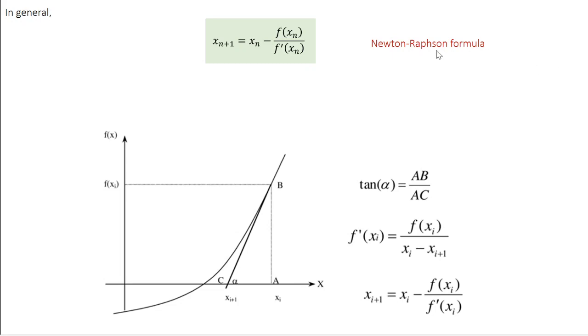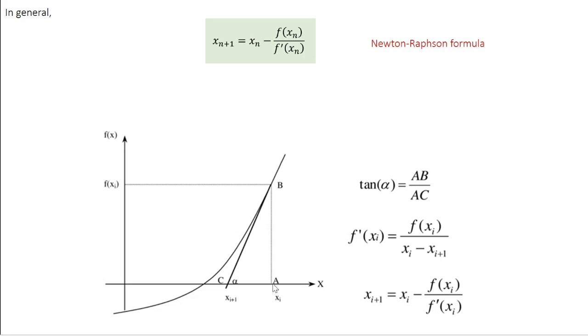Now physically, what is going on here? So I can explain this graphically. So you take a function f of x. On the x-axis I have x, on the y-axis I have f of x, and this curve is your f of x function. So you can see at this point the value of f of x equal to 0. So this is the exact solution at which you need to arrive. So you start with an initial guess xi.